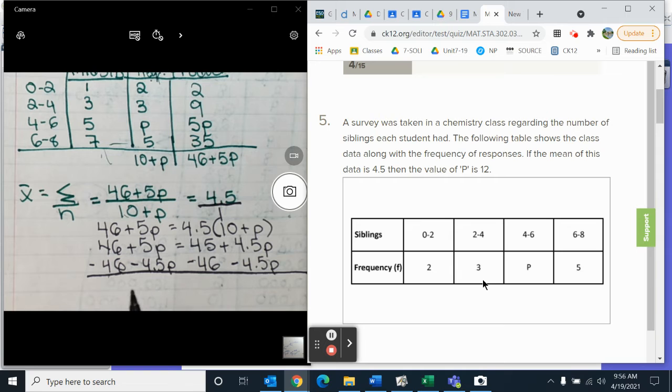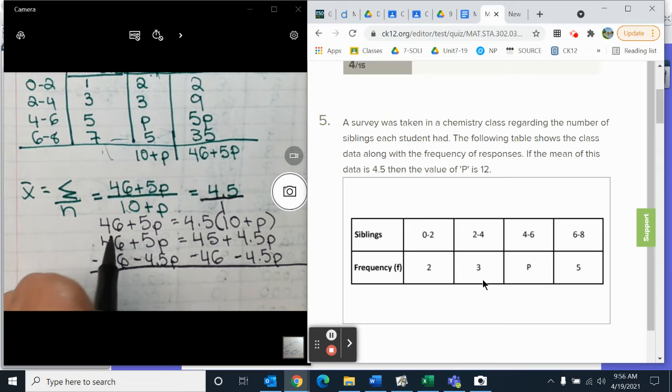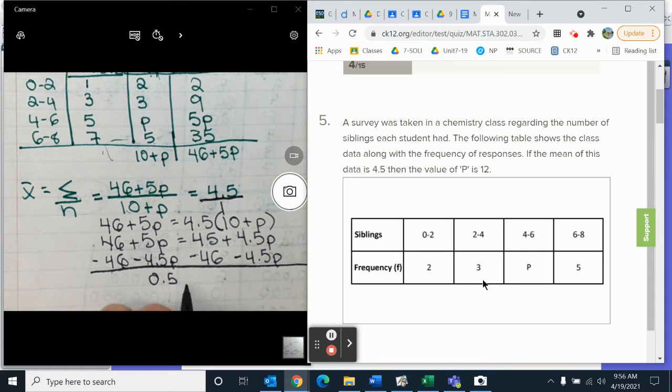Then if we look here, we have 5p minus 4.5p, which is 0.5p, so half of p is equal to -1.